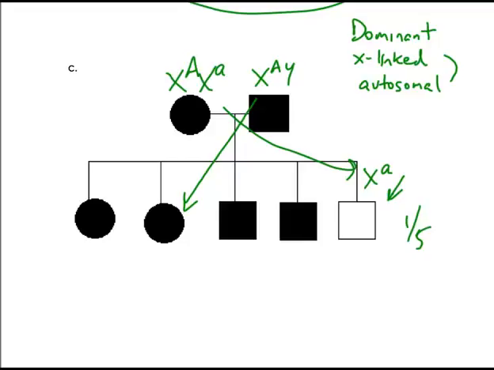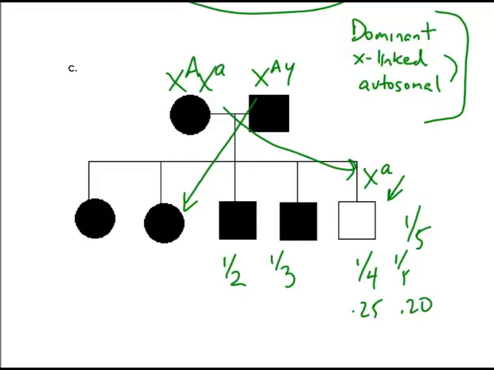So this really comes down to, guys, it could really be either X-linked dominant or autosomal dominant, but if you do it by pure probabilities, you would expect to see half of the males affected if it's X-linked, and you see a third. You would expect to see 1/4 of the total offspring affected, and you see 1/5. So this is 0.25, this is 0.20, this is 0.5, this is 0.33. They're both consonant, but this is closer.